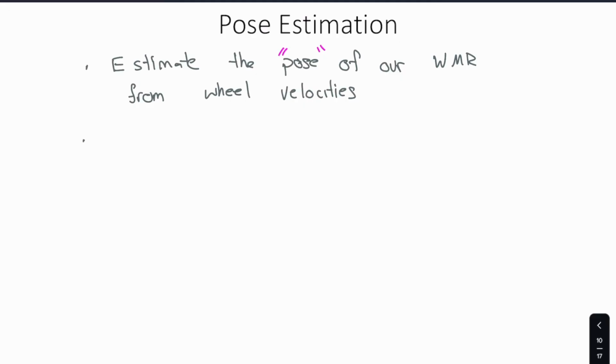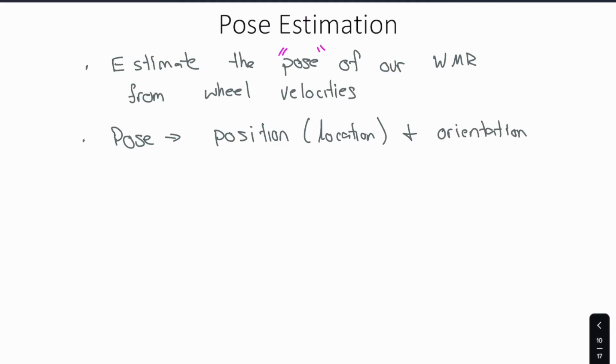Pose itself is worth defining as the location, so the position, and orientation of the WMR. Which for us is just a single rotation value. So you can think of position as our XY configuration, and orientation as our rotation, our theta rotation.